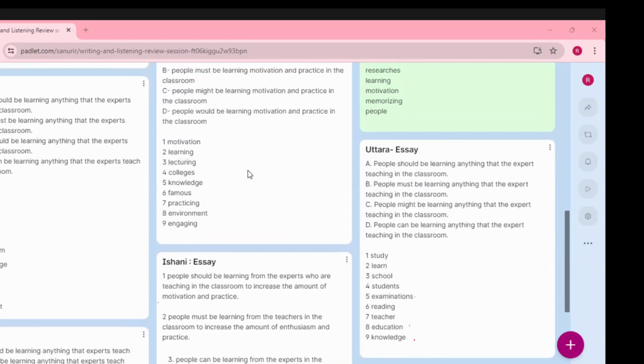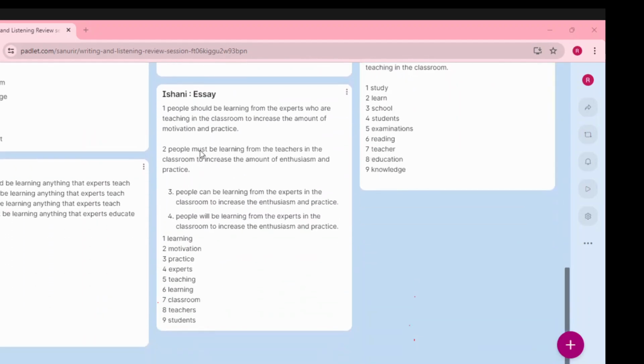Next, we'll check Ishani's. People should be learning from the experts who are teaching in the classroom to increase the amount of motivation and practice. Must be learning from the teachers in the classroom. Okay, people can be learning. Okay, will be learning. Okay, so this is correct.